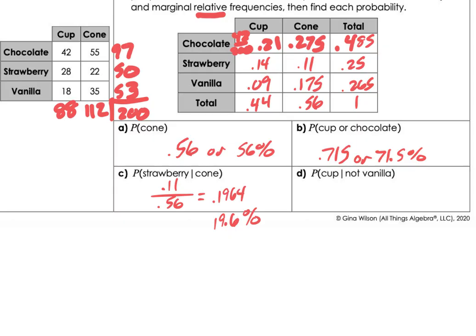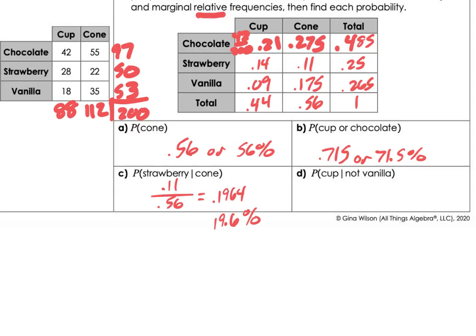Okay, last one. Probability that someone chose cup given that they did not like vanilla. So what was the percent or the decimal of people that did not like vanilla? What numbers do I need here? What percent of people liked vanilla? 0.265.